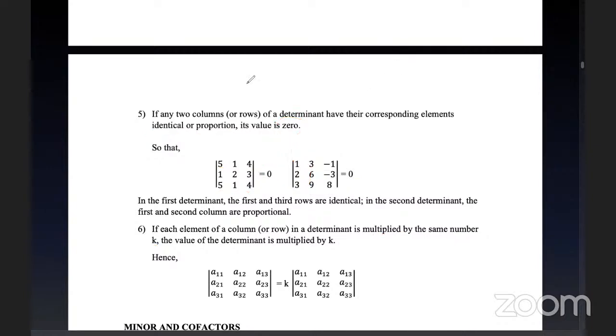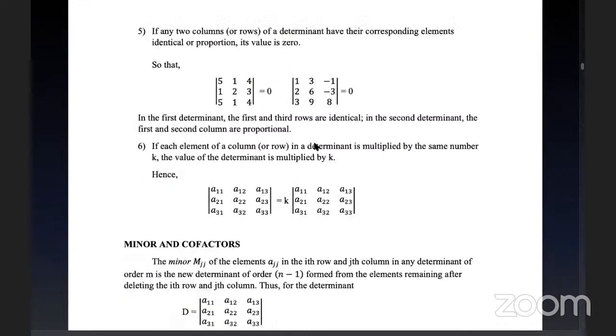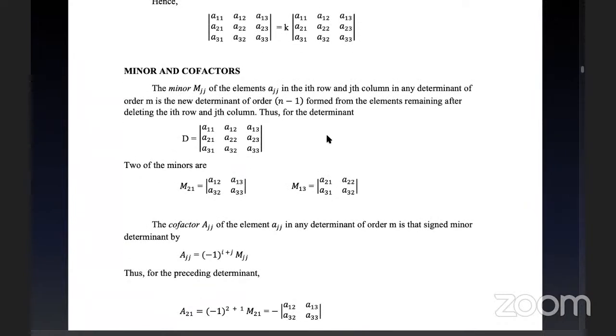Okay, so proceed tayo dun sa minor and cofactors. Okay, so yung minor and cofactor, actually the same lang sila, except that yung sign. Yung cofactor is a signed minor siya. Ayan, signed minor.